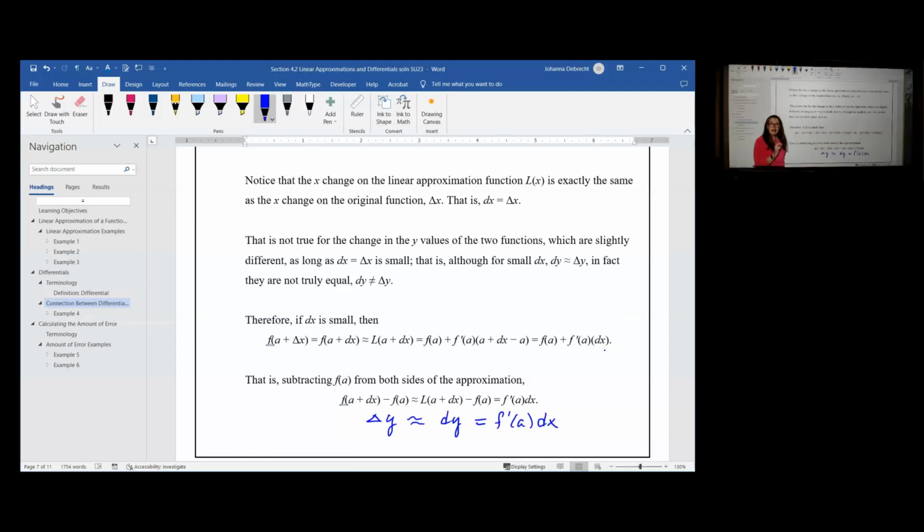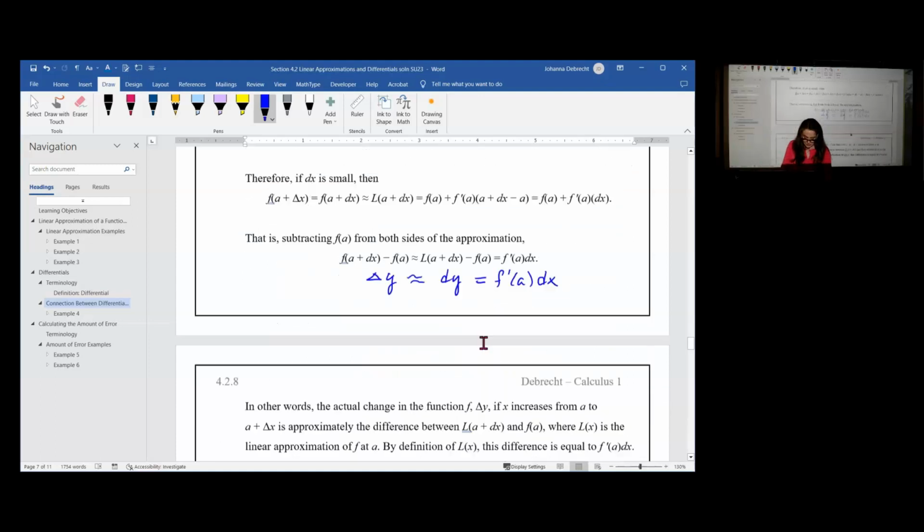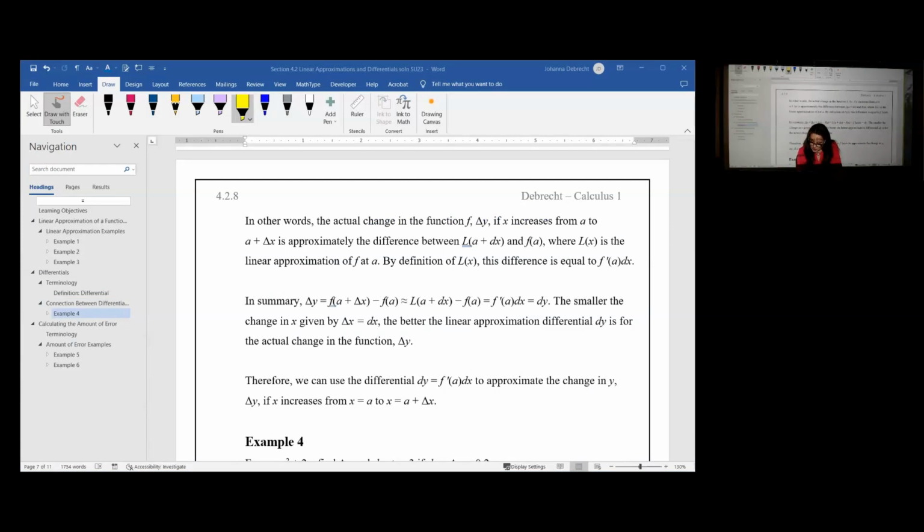Again, this is only accurate as long as we are close to the value a, and dx is small. We're going to use this equation, that dy is equal to f prime of a dx and that delta y is approximately equal to dy, in order to approximate the actual change in the y value on the function when x goes from a to a plus dx, or a to a plus delta x.